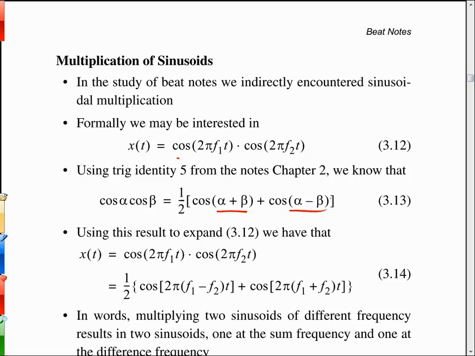So in this particular example where we had cosines at F1 and F2, we got a sum frequency and a difference frequency.